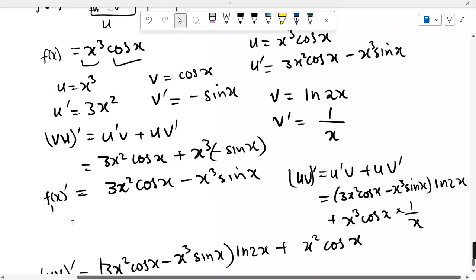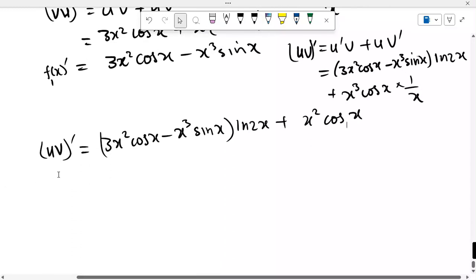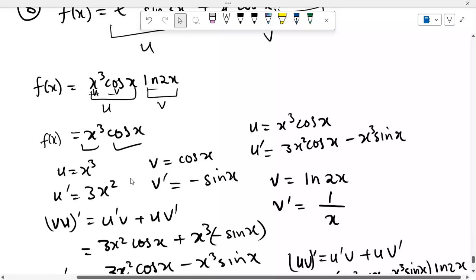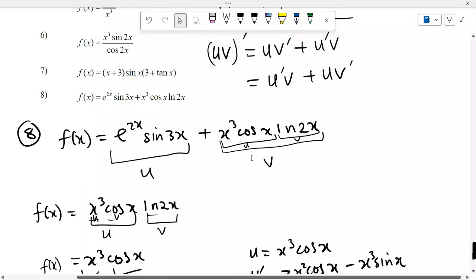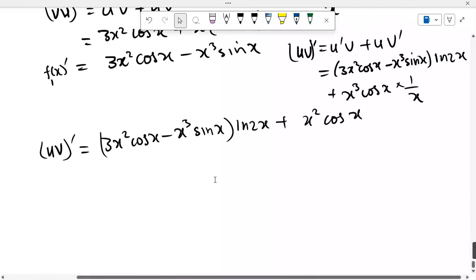So if you remember, this question is too long. Everything we are doing here, we are finding v prime. We are finding what? V prime, because v is everything here. So now we have our v, finally we have our v and we have our v prime.